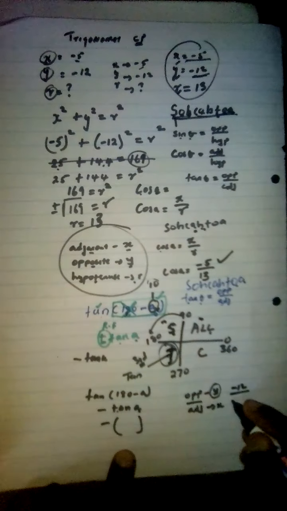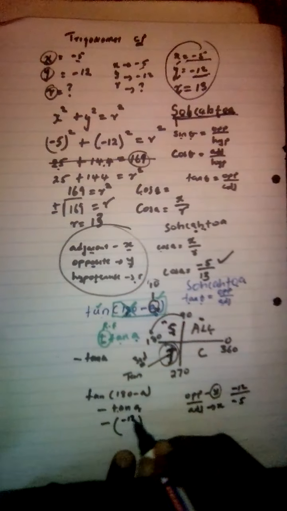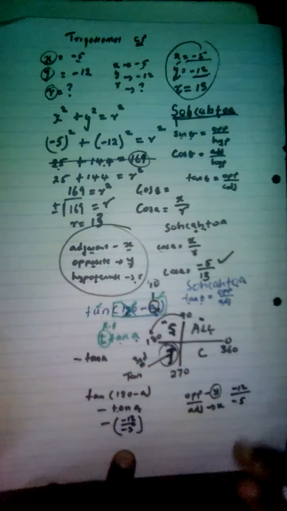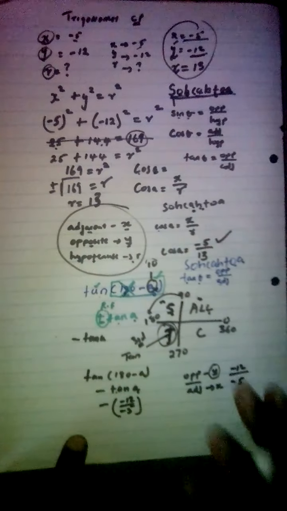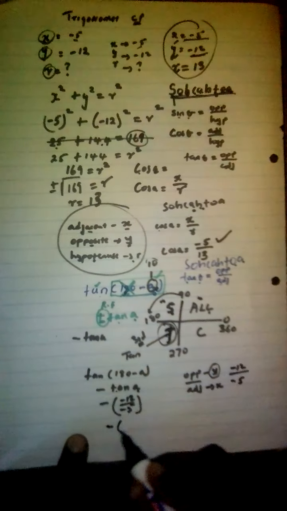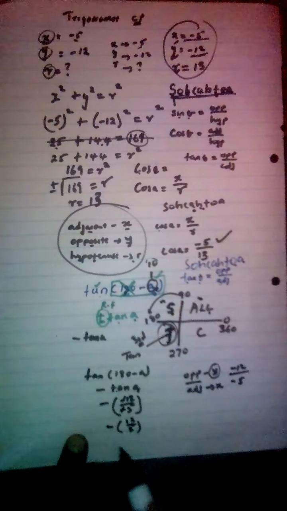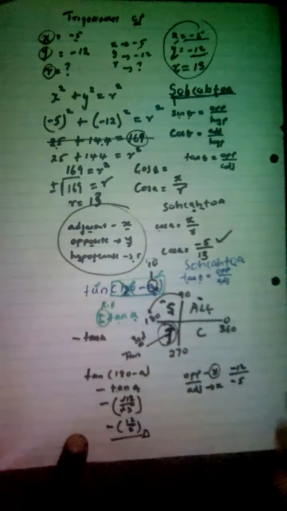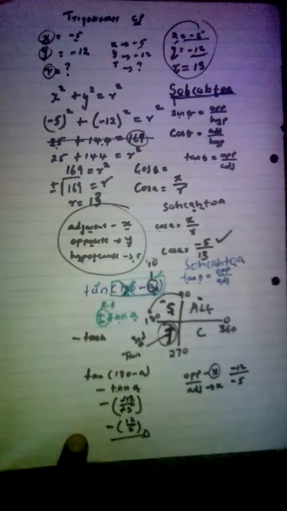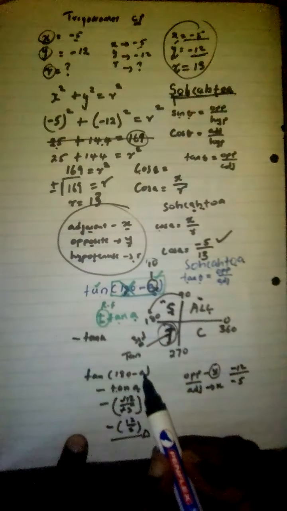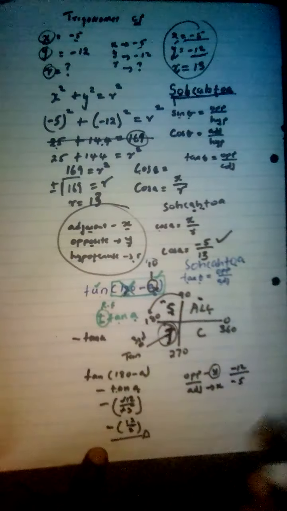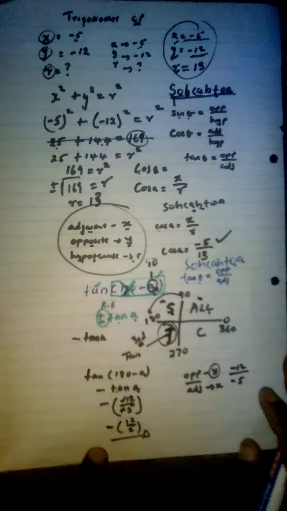So this is minus 12 over minus 5. The negatives cancel, so the answer is negative 12 over 5, which means tan of 180 minus alpha is negative 12 over 5.